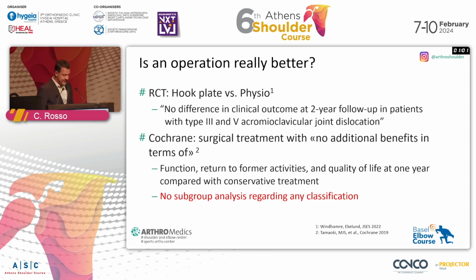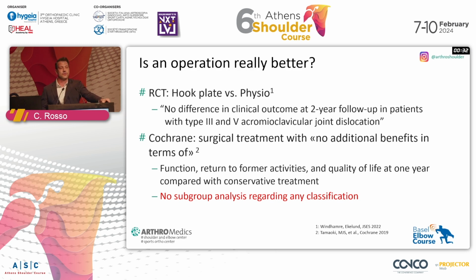There are new publications that came up now in 2022. Felix already showed this one, so there is no difference in hook plate versus physiotherapy at 2 years. And as Felix said, I don't think we should be comparing to hook plate. And then there is a Cochrane review, and they said that there is no additional benefit in terms of function, return to former activities, quality of life at 1 year compared to conservative treatment.